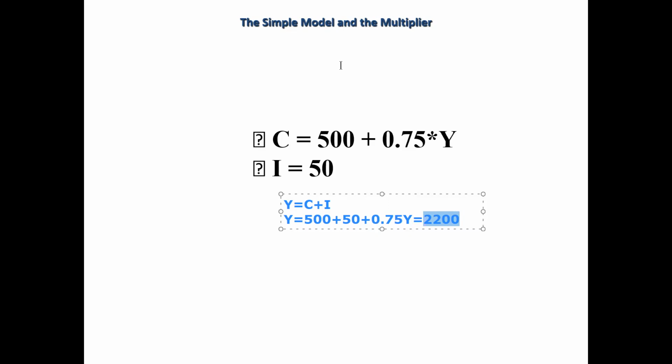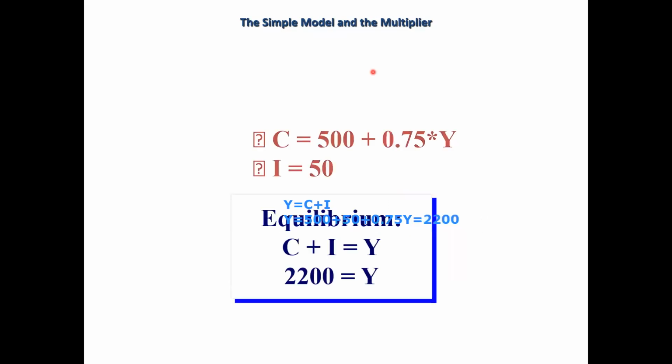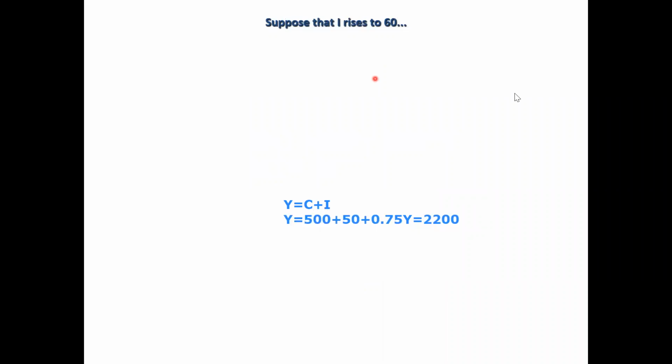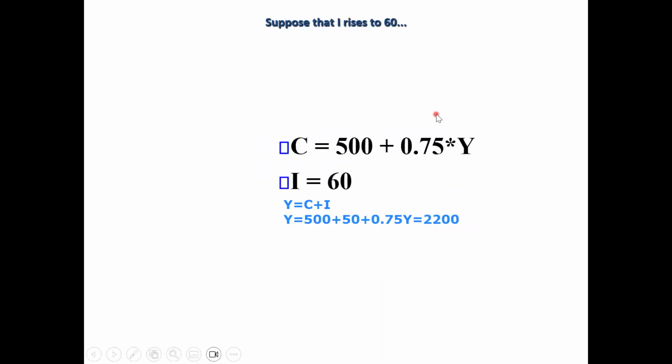But I had an increase in investment, which became 60. So here we have the same equation, with the only difference that we have investment of 60 and consumption of 500 plus 0.75Y.